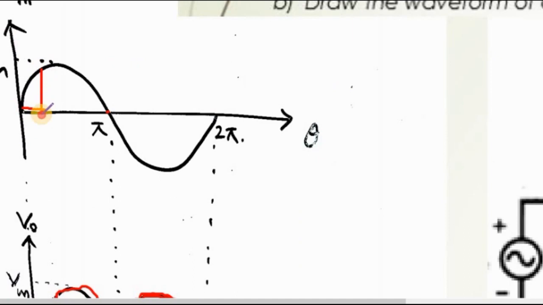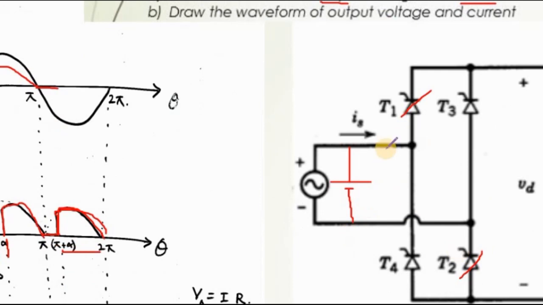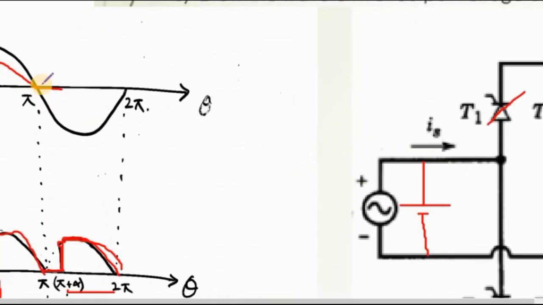When you turn on T1 and T2, what will happen? Current will flow, and as same as that, from here to here. T3 and T4 are turned off, and T1 and T2 are reverse biased. So what will happen?